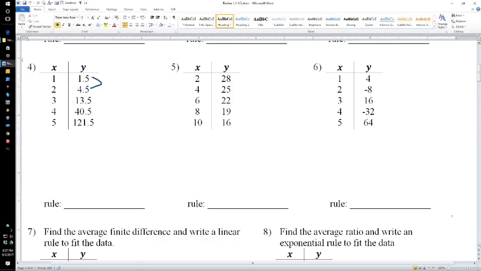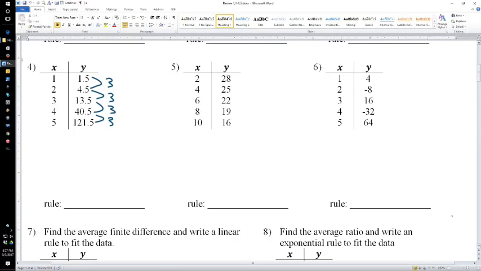So let's try dividing. 4.5 divided by 1.5 is 3. 13.5 divided by 4.5 is also 3. 40.5 divided by 13.5 is 3. And 121.5 divided by 40.5 is 3. So we have our common ratio.